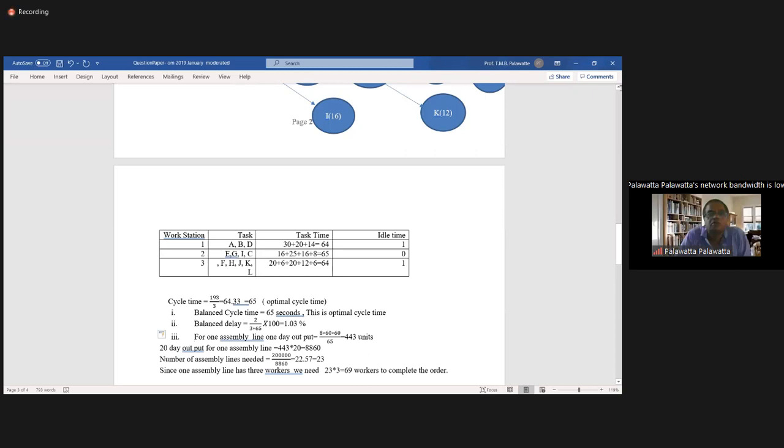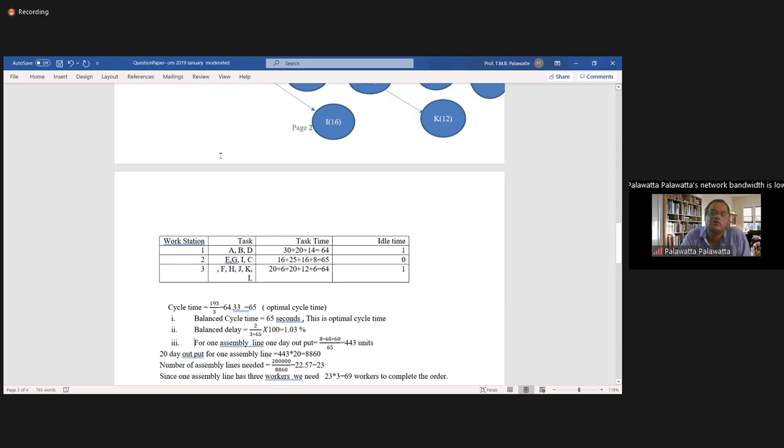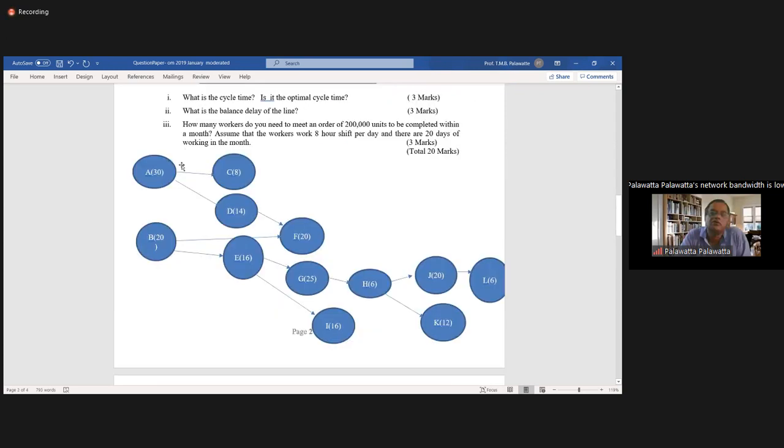So actually, if you are doing it the first time, you have to do trial and error. So keeping 65 in mind, I allocated without violating the precedence. I had A for workstation 1, then B. A 30, B 20, so 20 plus 20, then 50. If I allocate E to workstation 1, then the task time of the workstation becomes 66.